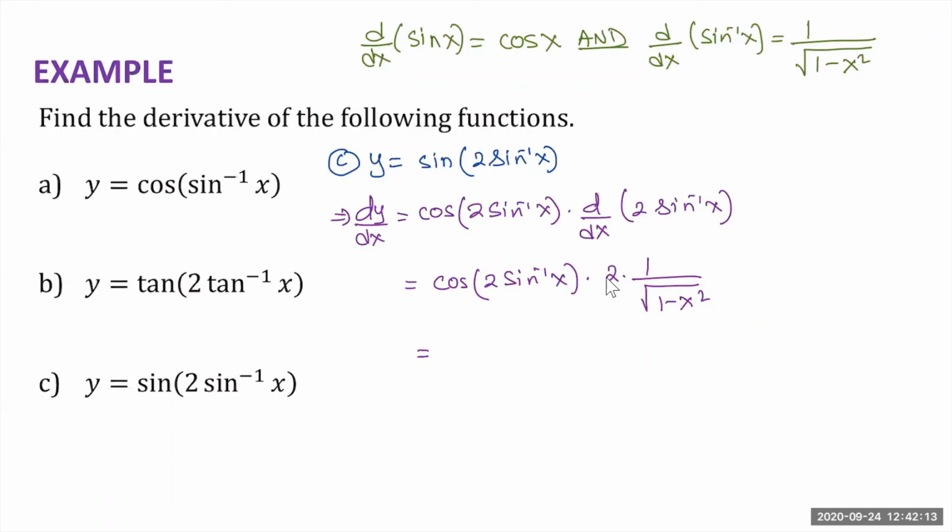In the numerator, we have 2 times 1, which is 2 multiplied by that quantity. So that will be 2 cosine of 2 sine inverse x. And in the denominator, we just have this quantity, which is the square root of 1 minus x squared. So this is the derivative of the function y equals sine of 2 sine inverse x.